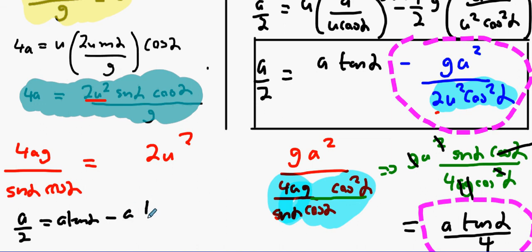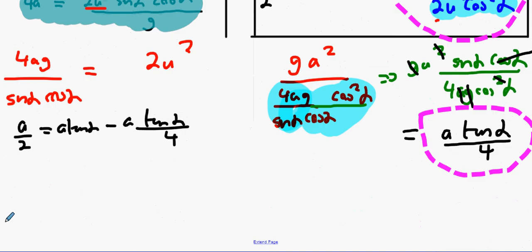How many variables do I currently have? I went from 3 down to 2. What's going to happen to A? Cancels. You're going to get tan alpha minus, what's that? Tan alpha over 4.